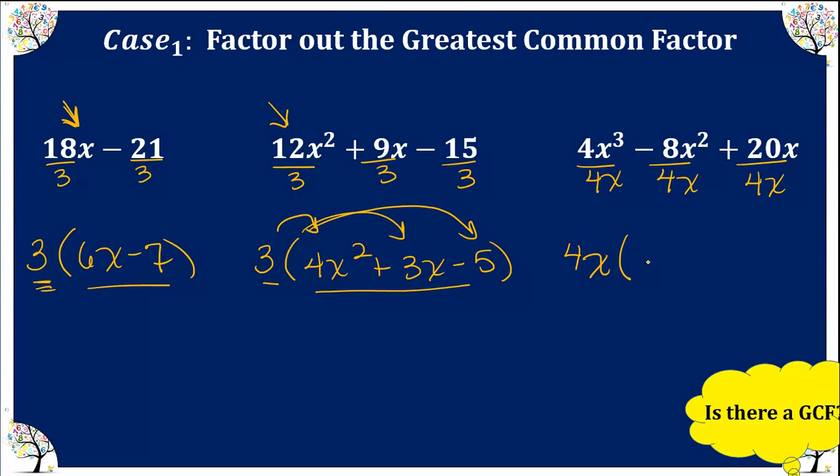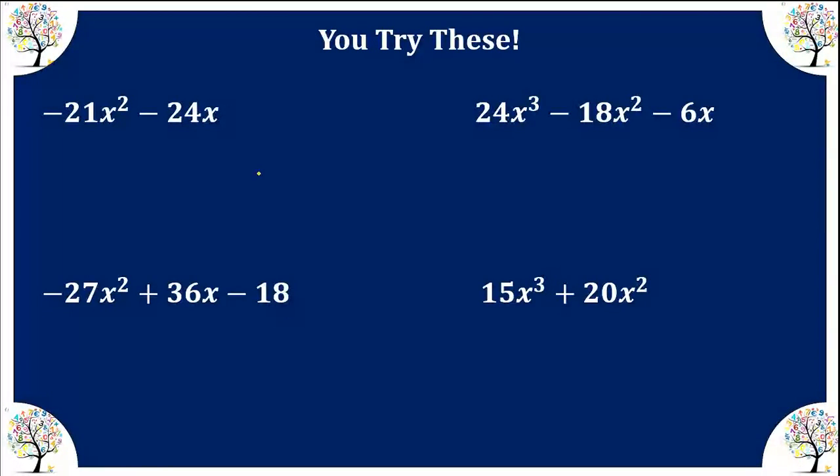The other factor is x squared minus 2x plus 5. 4x and x squared minus 2x plus 5 are the two factors of this polynomial. Now you pause the video and try these. When we come back, we will do these together.